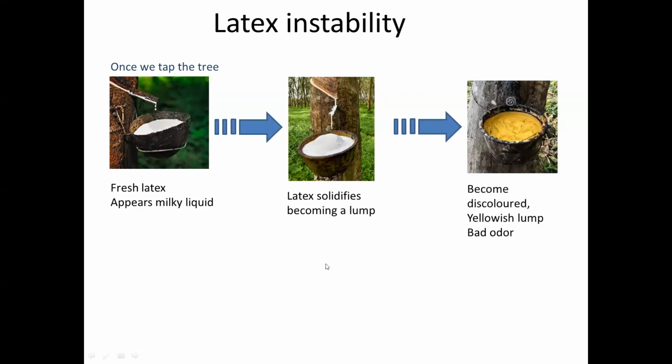Then if you keep on leaving the rubber in the collecting cup, it will become a discolored, yellowish lump or bad odor will occur. So what is this? You all have learned this one. What is this process?